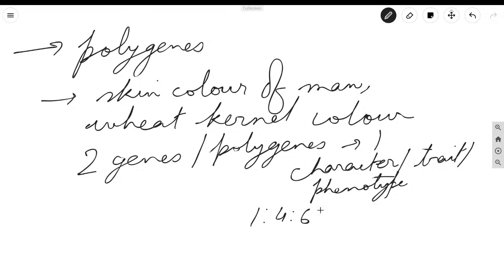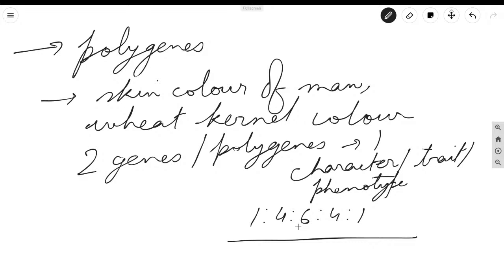It is 1 is to 4 is to 6 is to 4 is to 1. That will be the ratio in case of polygenic inheritance.